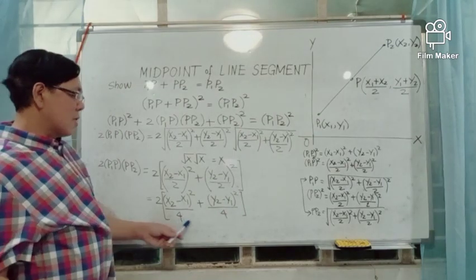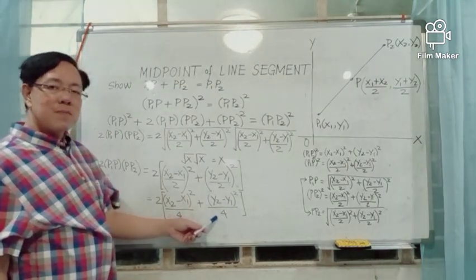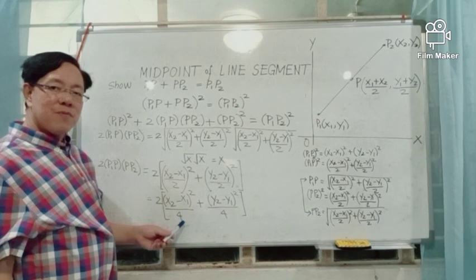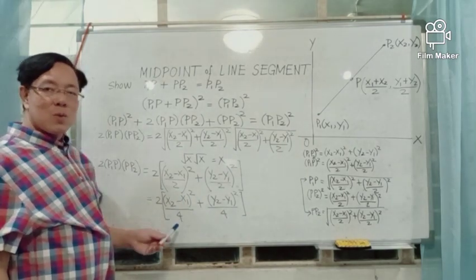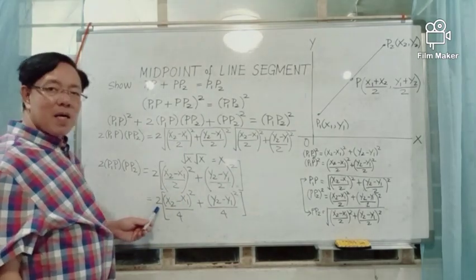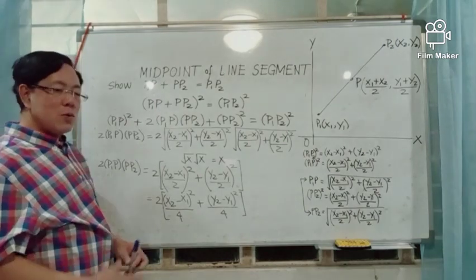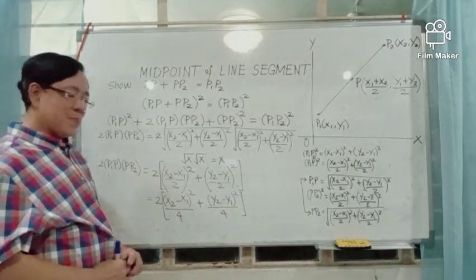You can see in this factor the 1/4 is a common factor. If you factor out 1/4 and you multiply by 2, you will get 1/2.